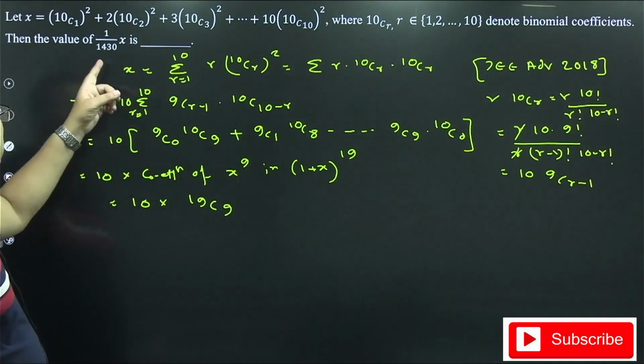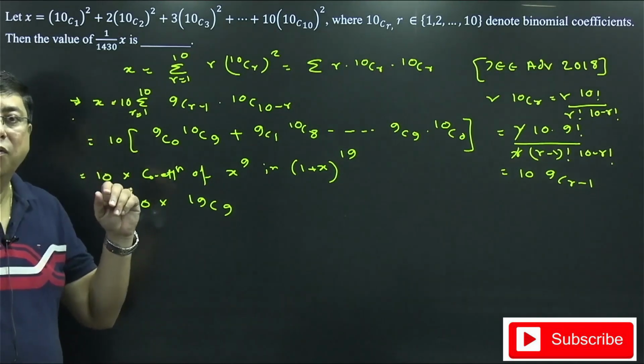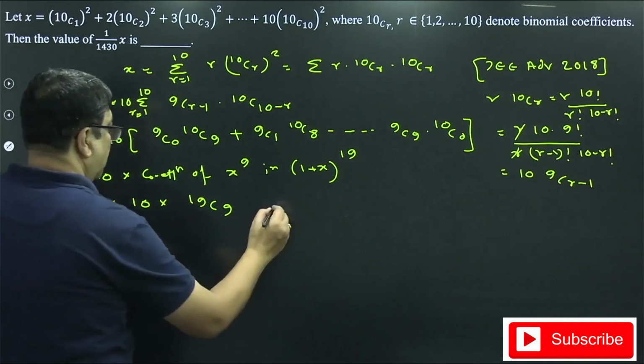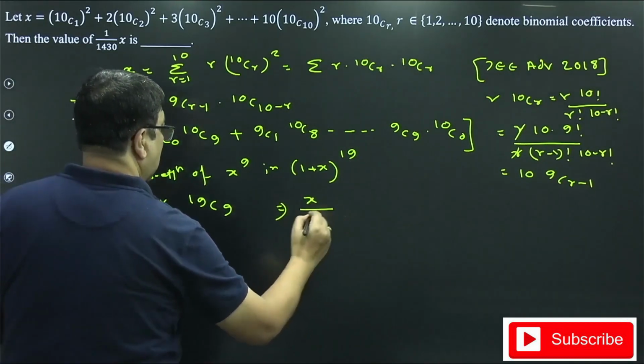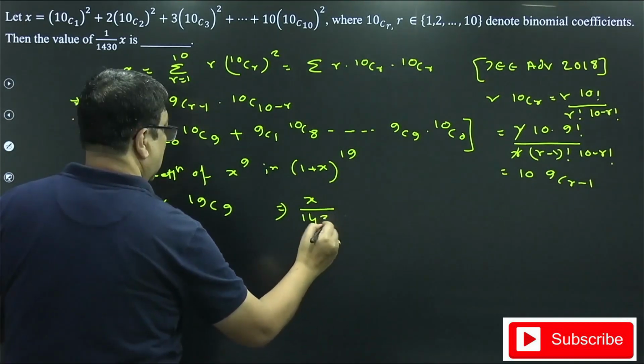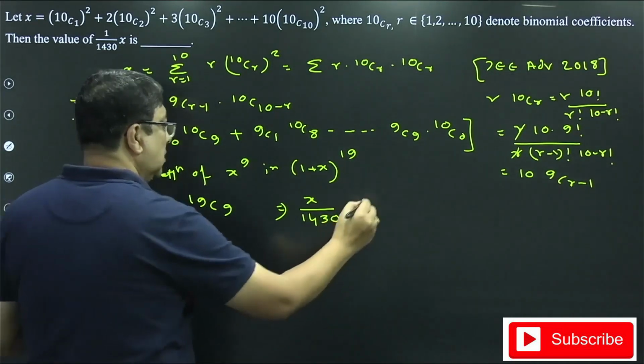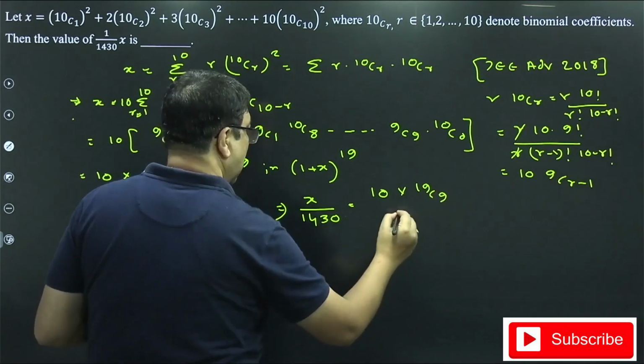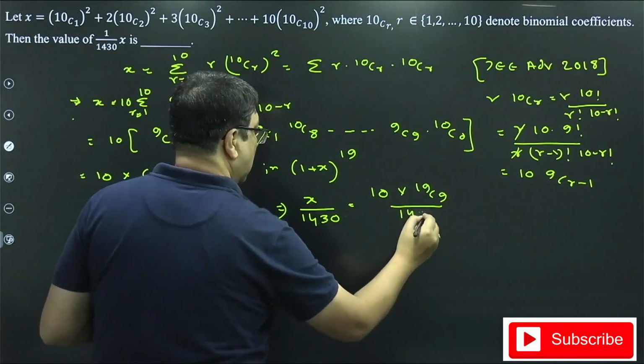Now our target is we have to get the value of x by 1430. So x by 1430 equal to, put the value of x, 10 into 19C9 by 1430.